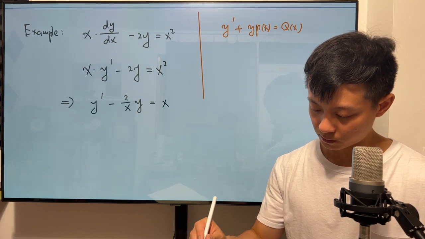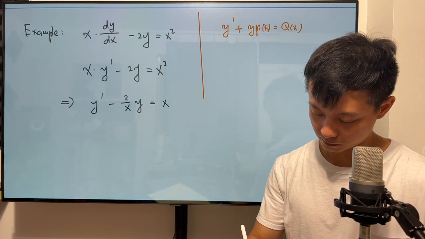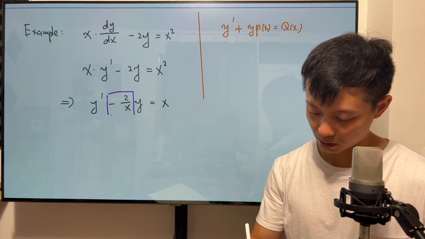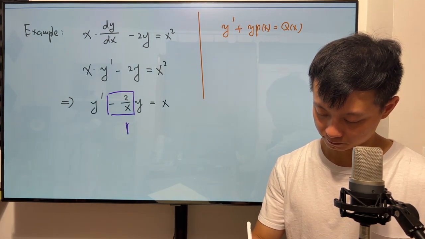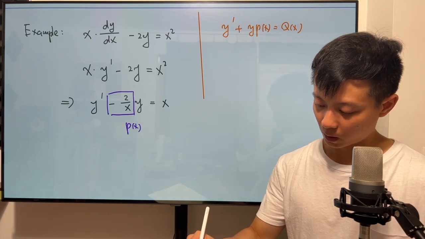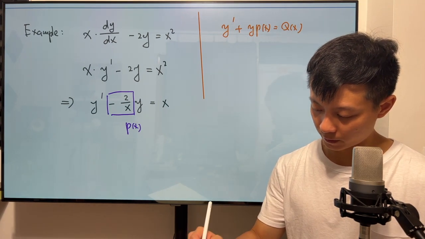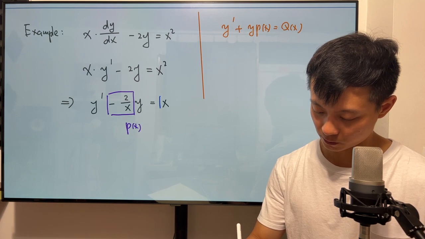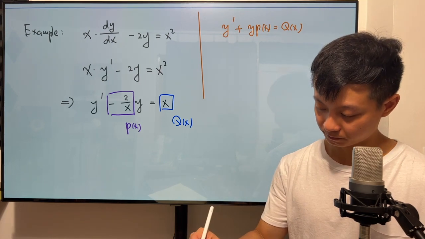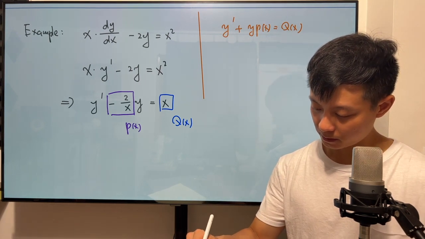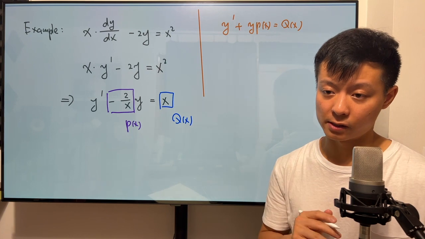So in this case, the p of x is this one. And we can also recognize our q of x, which is the thing on the right side. So let's find that z function.